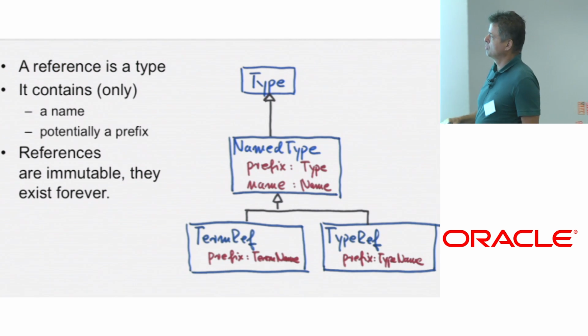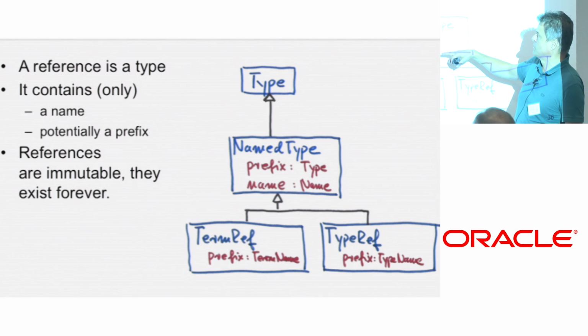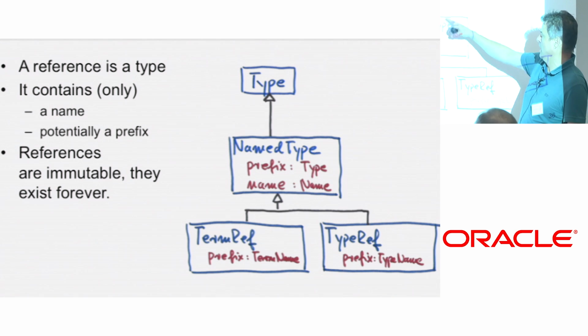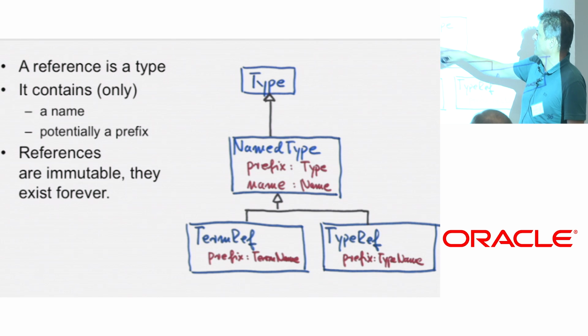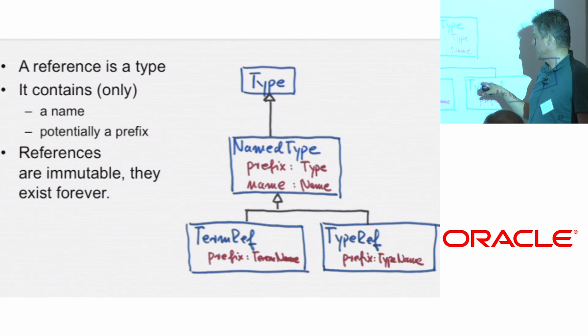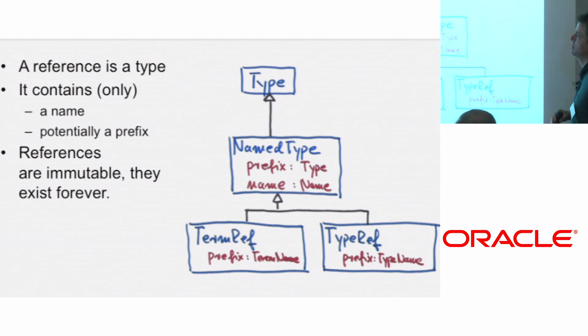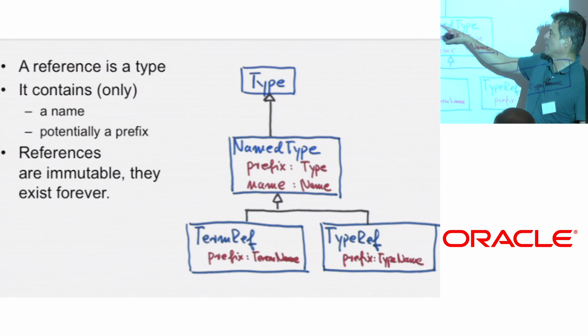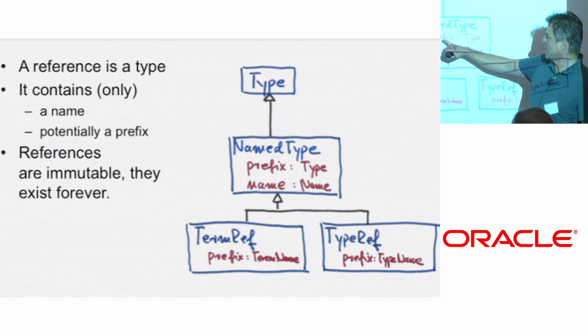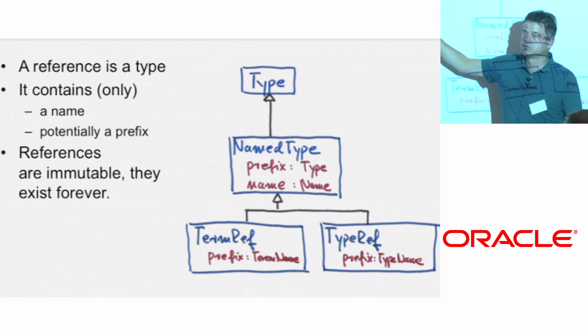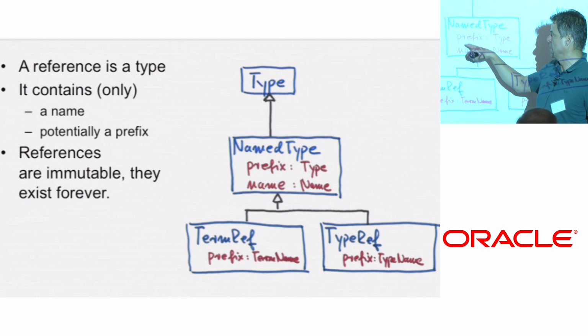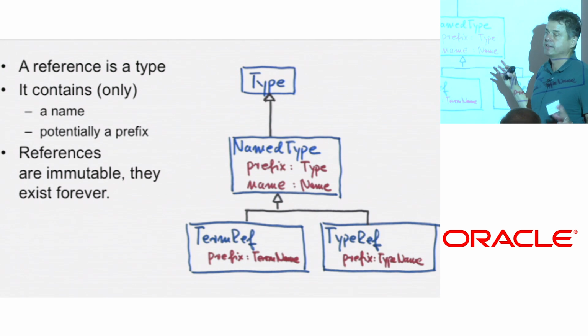So what we do is we introduce references, which are essentially a subclass of type. And there are two kinds of references, to terms and to types. And they both share a common superclass called named type. And that type has, as its only attributes, a prefix, potentially, which can be a type or no prefix, and a name.